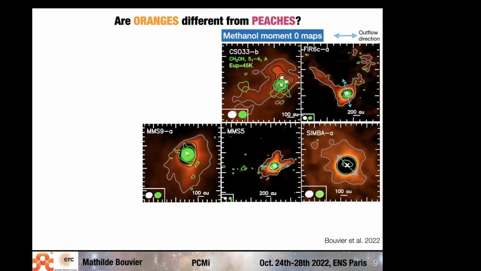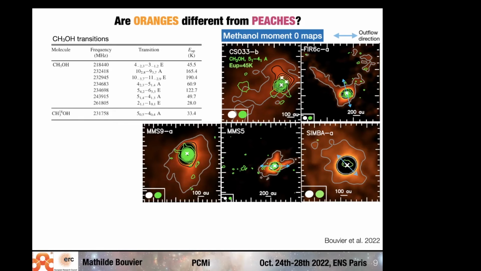For some of the sources, the outflow direction was known, so I show it with the blue arrows. You can see that the methanol emission is relatively concentrated towards the center of the protostars. It can also be relatively extended following the outflow emission because here we have a low upper energy level transition, and sometimes we don't resolve the emission of methanol.